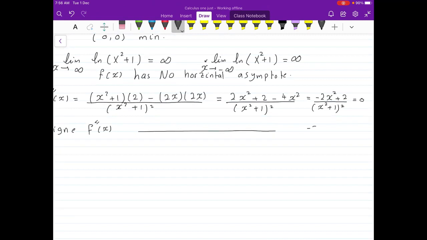It will be equal to 0 when minus 2 times x squared minus 1 equals 0. That means x squared equals 1.